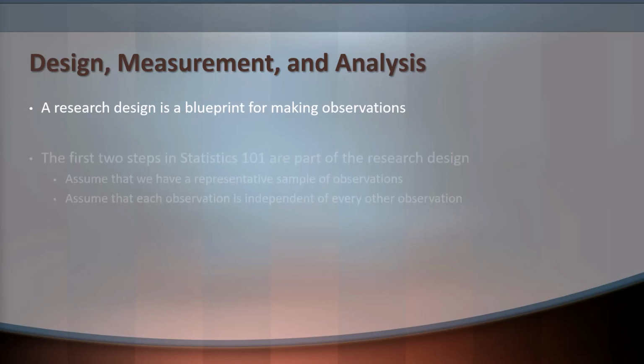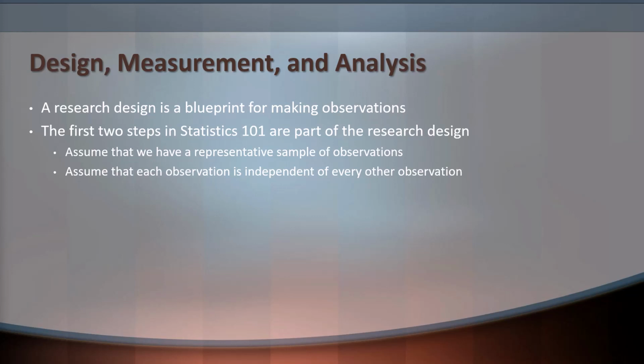The first 2 steps that we took in Statistics 101 really is part of the design rather than statistical analysis. That is, assuming that we have a representative sample of observations and assuming that each observation is independent of every other observation.